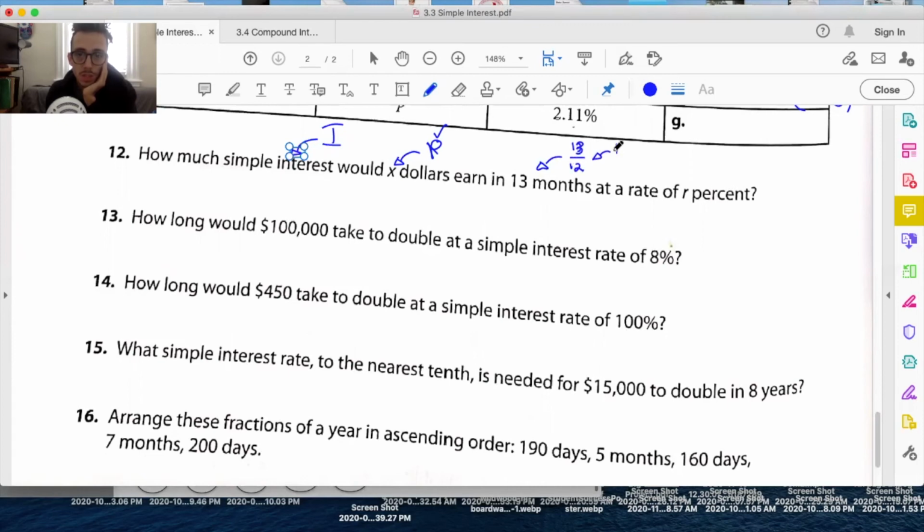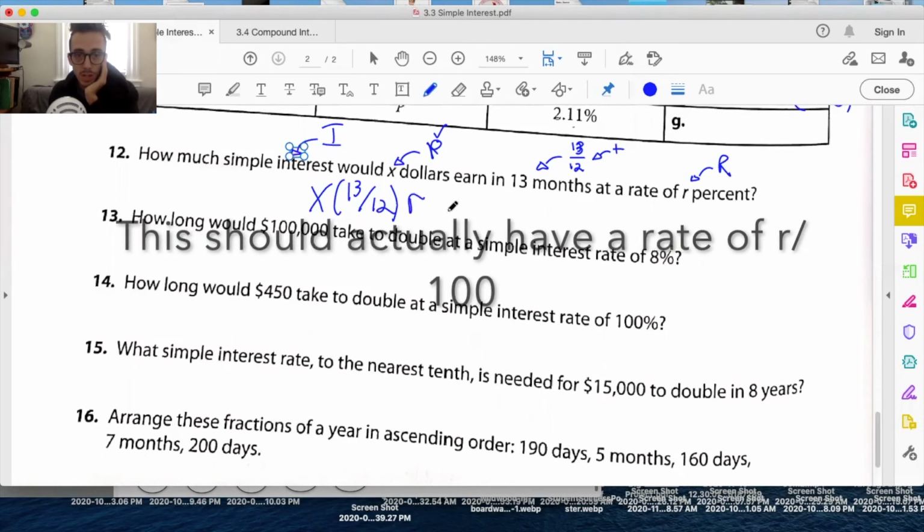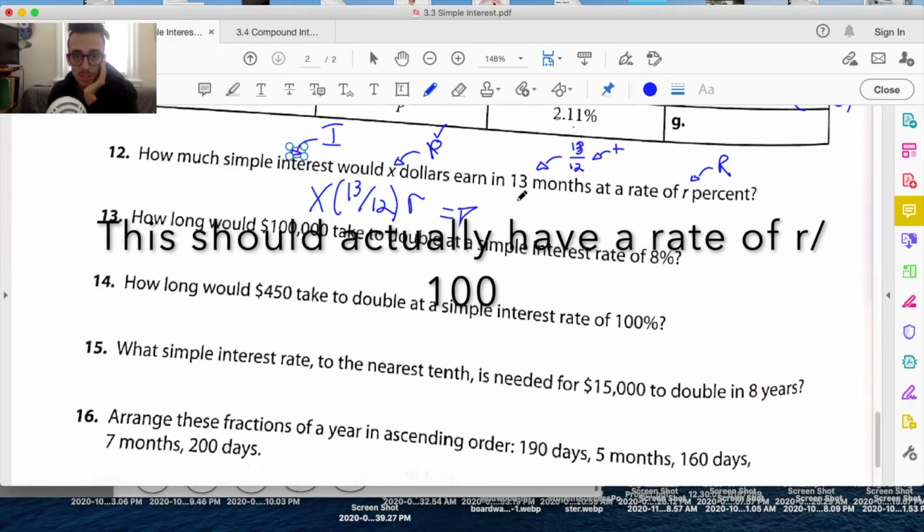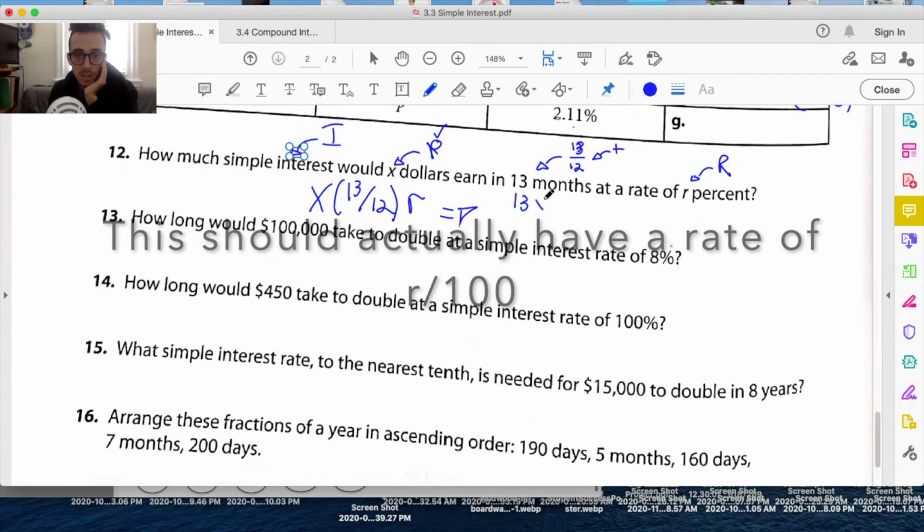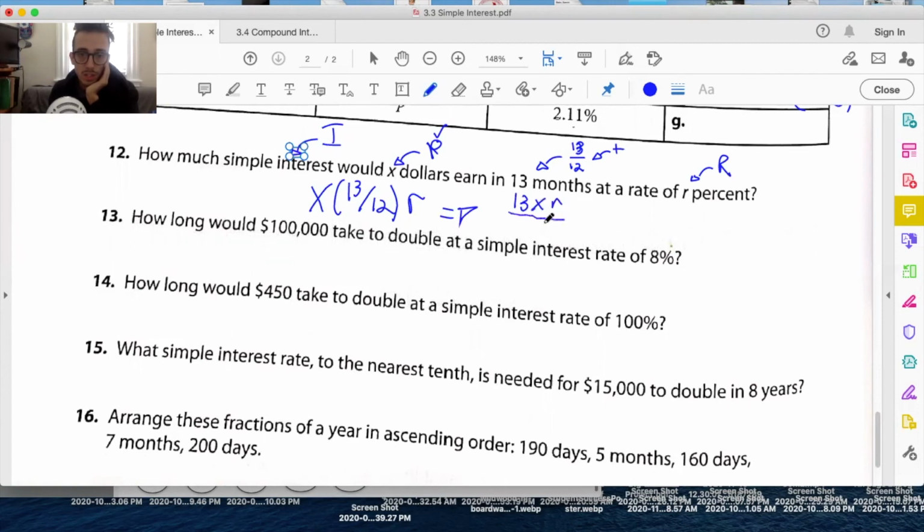So T you know. And your rate is R. All right, it's fine. So you have X, you have 13 over 12 for time, and your rate is R. If you want to simplify this to 13XR over 12, that would be your interest.